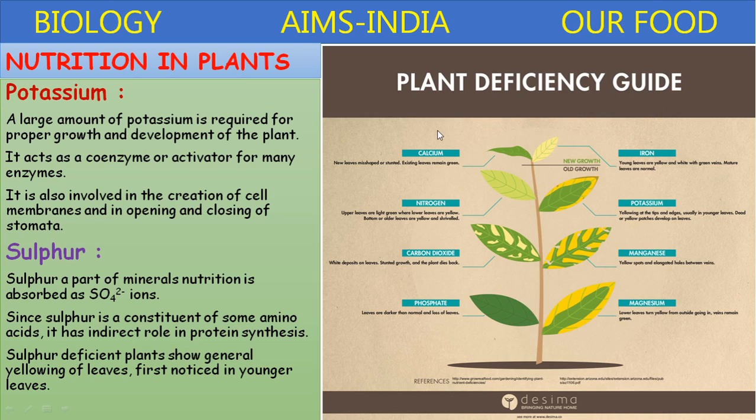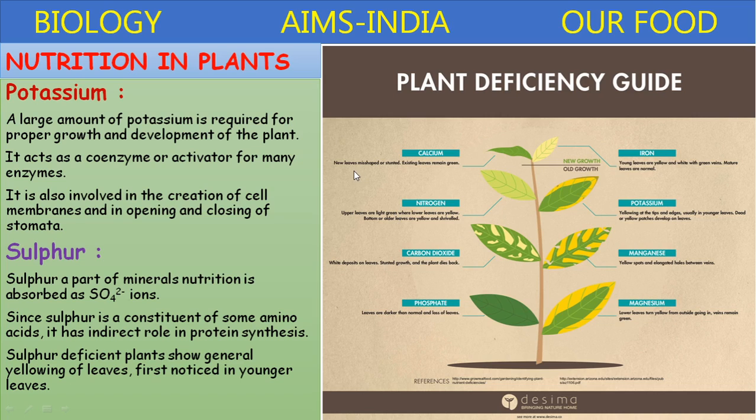See some of the elements and the deficiency symptoms here. Nitrogen, as we already discussed: the upper leaves are light green while lower leaves are yellow, and the bottom older leaves are yellow and shriveled in the absence of nitrogen.